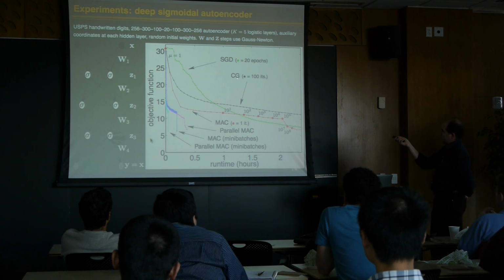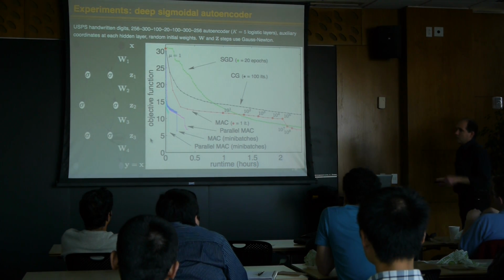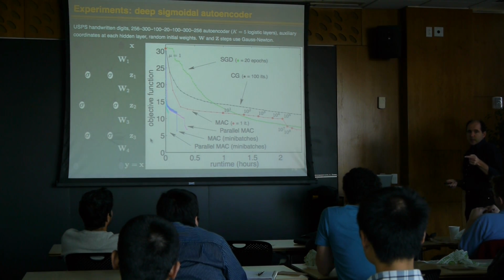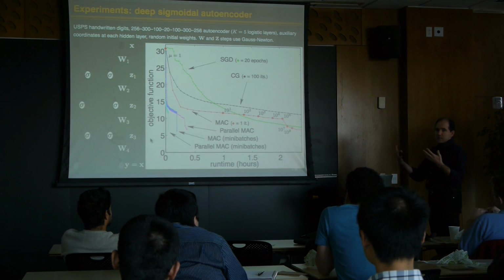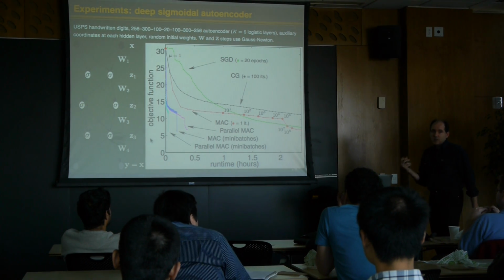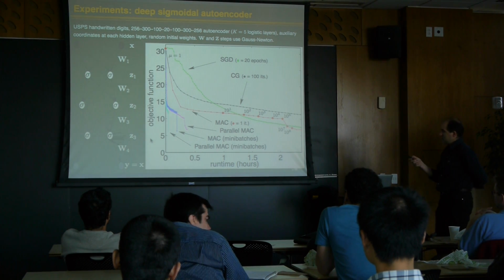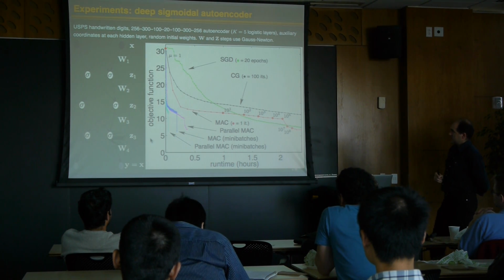And for conjugate gradients, each of those corresponds to 100 passes. So this is telling you that each iteration here has a very powerful effect on decreasing the objective function, which is caused by the fact that separating all the layers makes large changes to all the weights at once in every single layer, which is not easy to achieve with backpropagation for the reason of the vanishing gradients, as I said before.